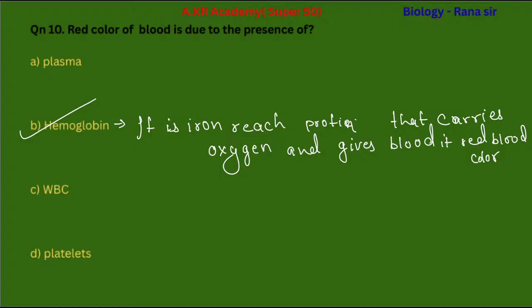Plasma is the yellowish-white liquid part of the blood.